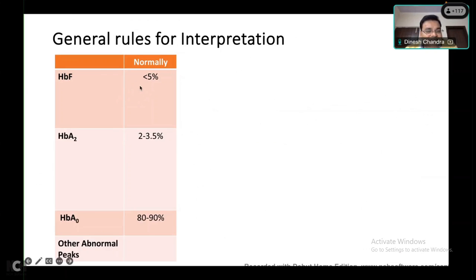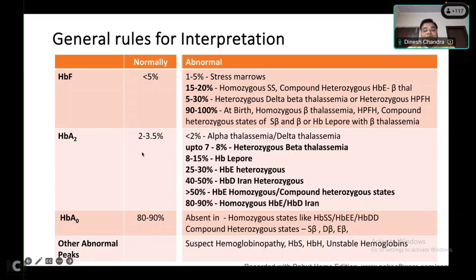Usually fetal hemoglobin is less than 5, A2 is 2 to 3.5, and normal hemoglobin is usually 85 to 90%, and there should be no other abnormal peak. But in abnormal cases, these vary according to the type of disease we are dealing with. We will see that in the next few cases.